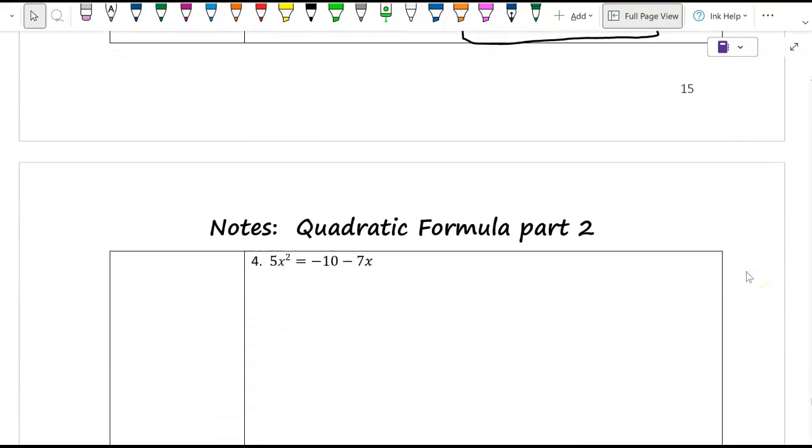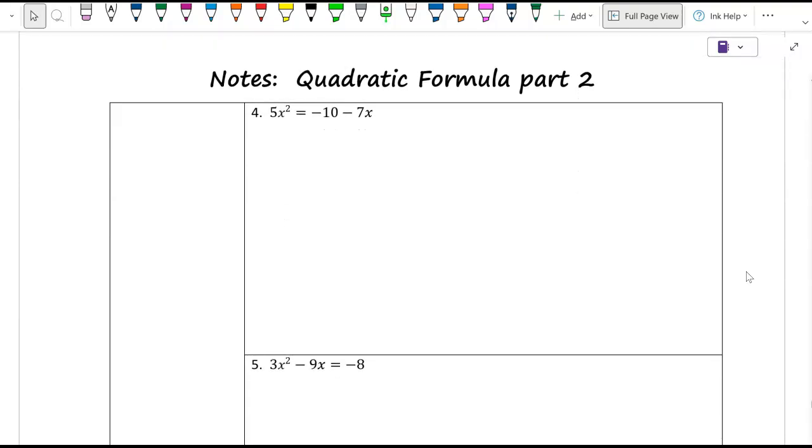All right, number 4, 5x squared equals negative 10 minus 7x. So I need to move the negative 10 and the negative 7x. I'm going to do it at the same time. I'm going to add 10 and add 7x to both sides. But again, order matters.